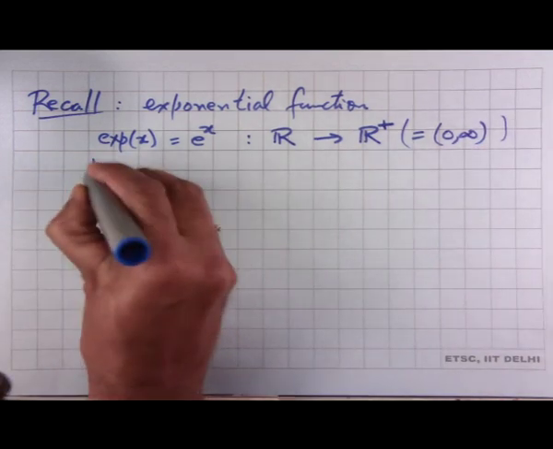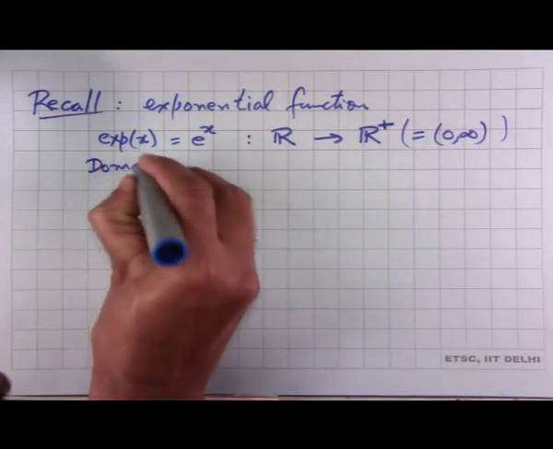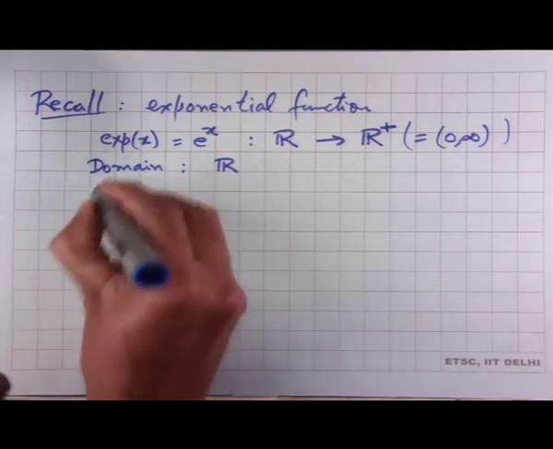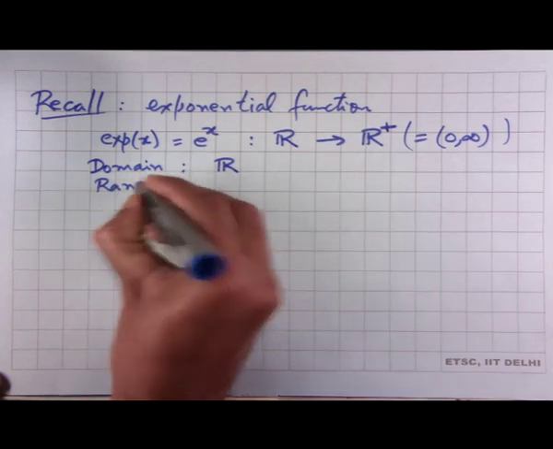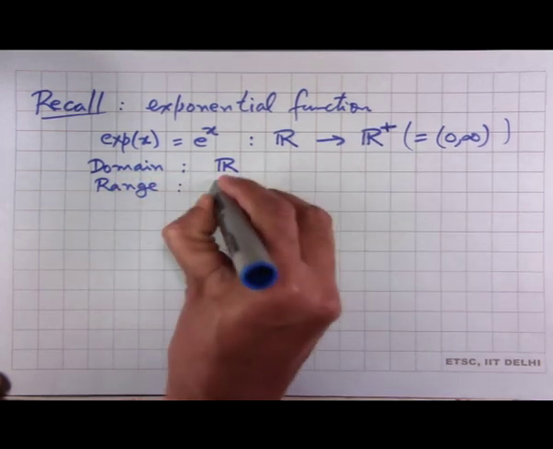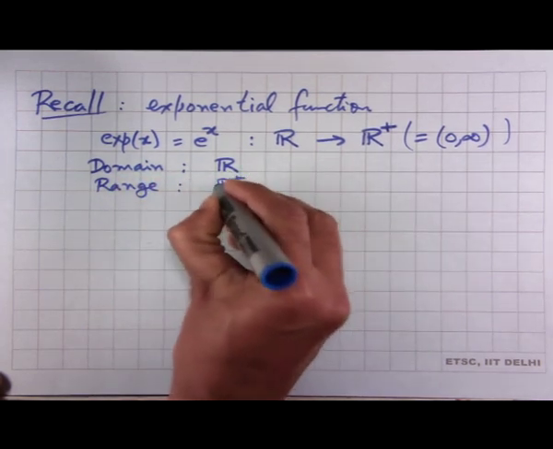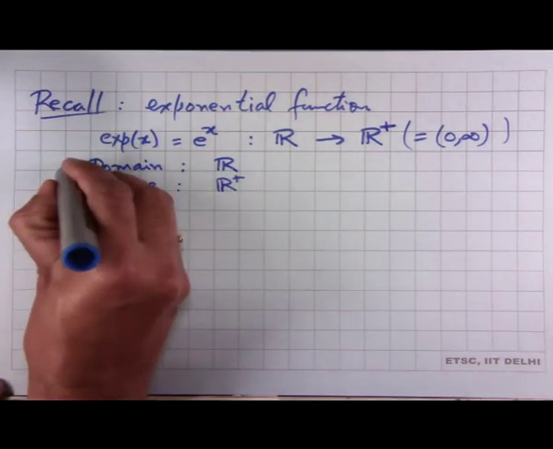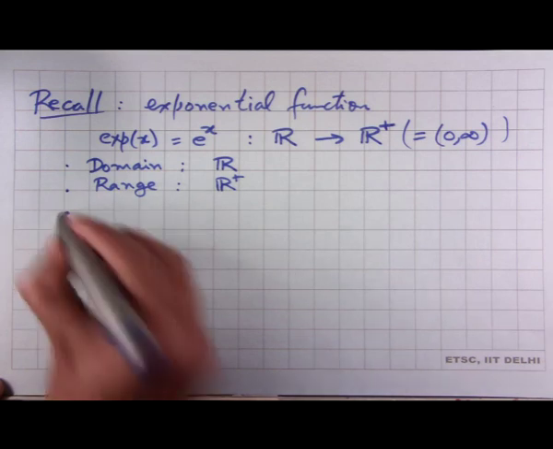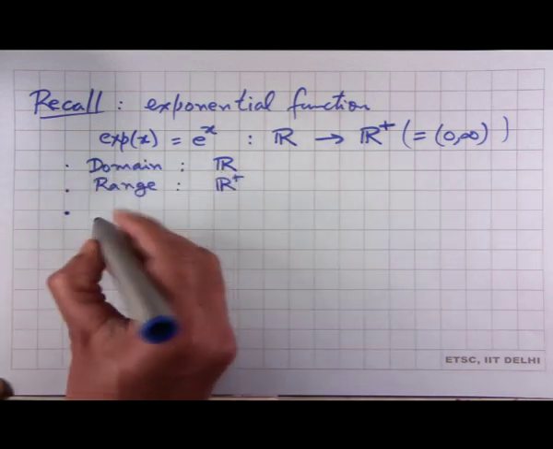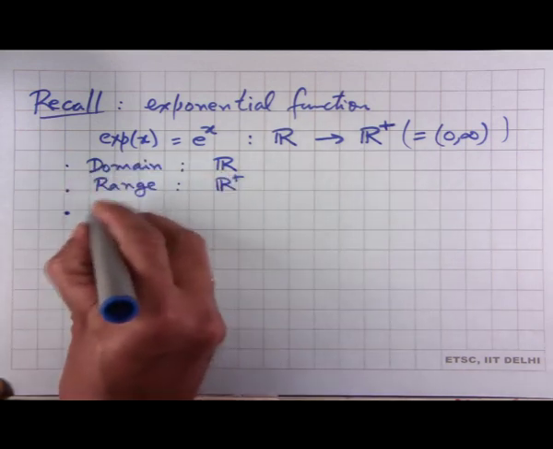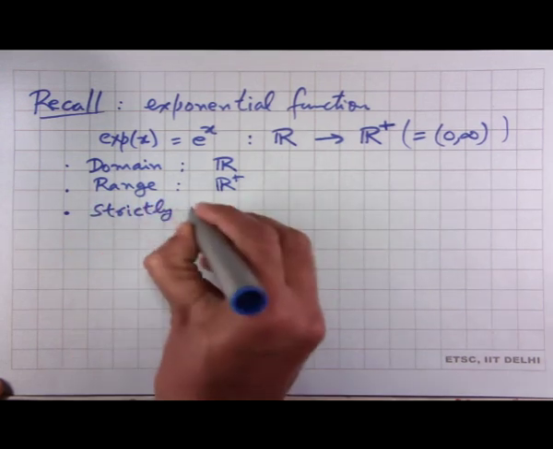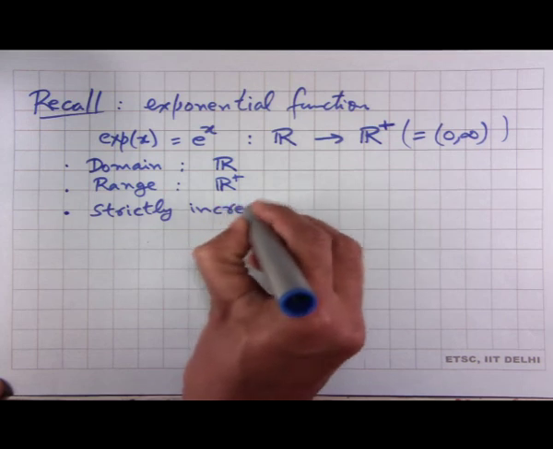So the domain is the set of real numbers, the range is all positive real numbers, and also the exponential function is a strictly increasing function.